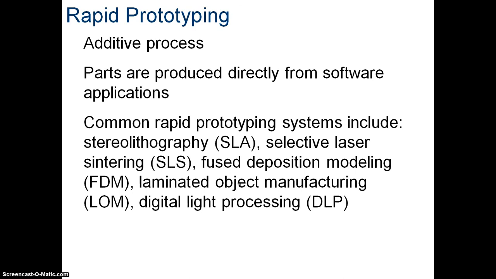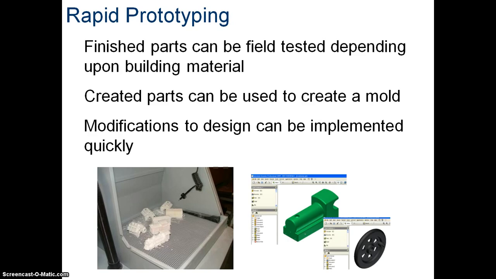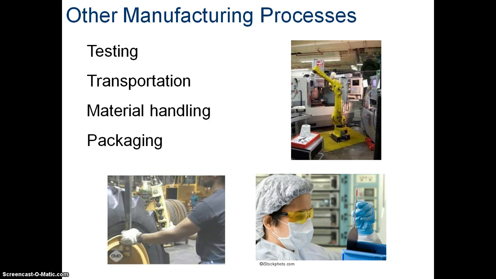Selective laser sintering, stereolithography, laminated object manufacturing and digital light processing can be used. These are the types of prototype products manufactured under FDM. And after that, testing, transparency and material handling and packing.